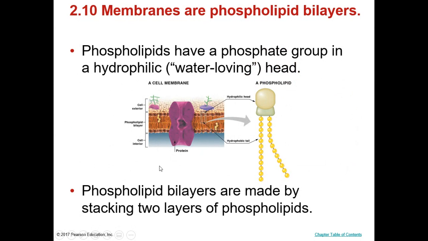And those two layers are called a phospholipid bilayer. Now, the reason why they're inverted like that is because you want these lipid tails to face the inside of the membrane. They cannot interact with water because they're hydrophobic. Therefore, you want that phosphate head to be interacting with water while keeping that lipid tail inside of the membrane right there.